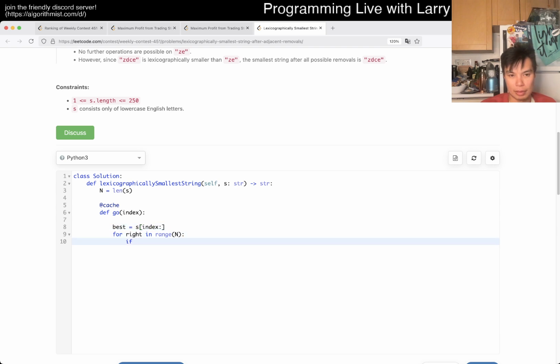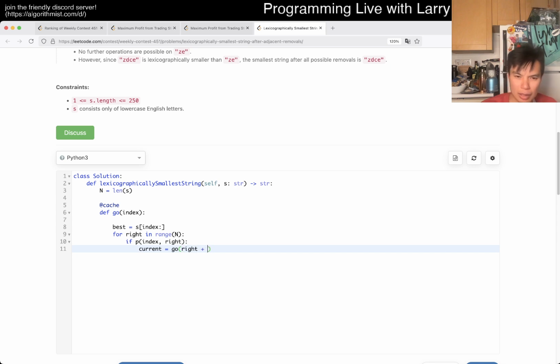So just this idea. If possible from index to right, then current is equal to go of right plus 1, maybe. The structure is something like this, and then if current is less than best, then best is.